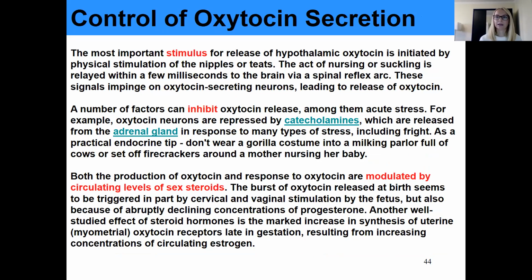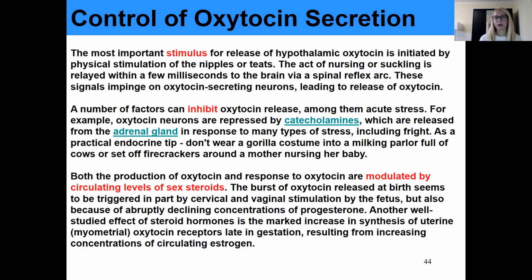So what can affect the level of oxytocin secretion? The most important stimulus for release of oxytocin is physical stimulation of the nipples. The act of nursing or suckling is relayed within a few milliseconds to the brain via a spinal reflex arc. These signals impinge on oxytocin-secreting neurons, leading to release of oxytocin.